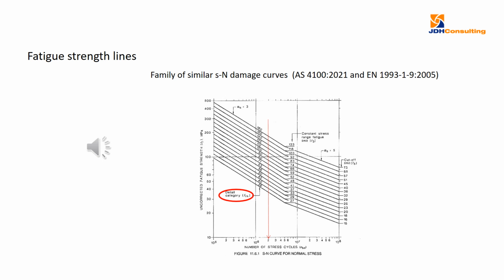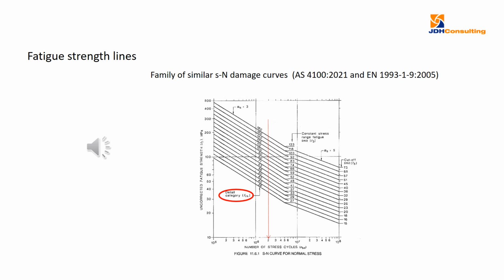The stress range and the number of stress cycles are plotted on log axes. Each line represents a particular detail category, which is the stress range for failure at 2 by 10 to the 6th cycles. And each line has 3 segments.